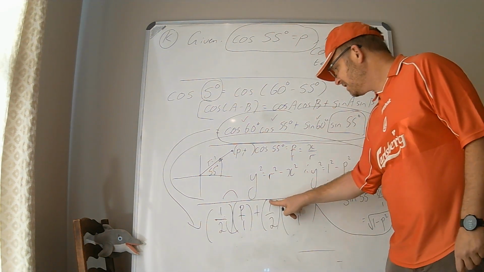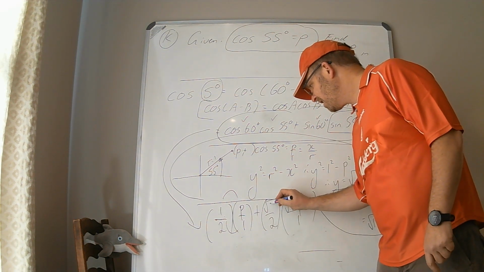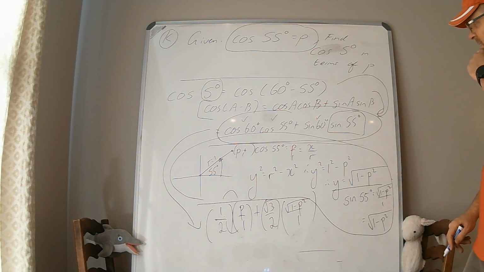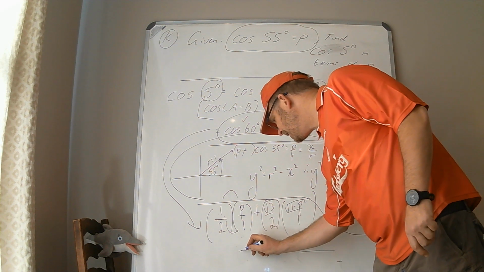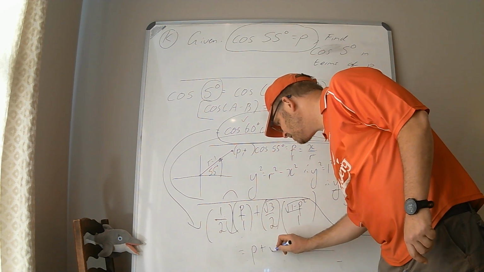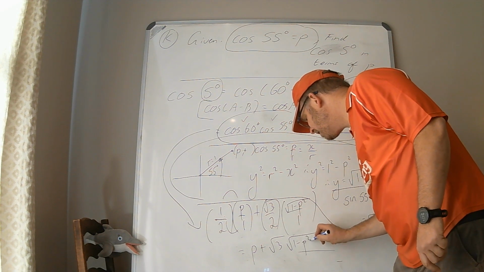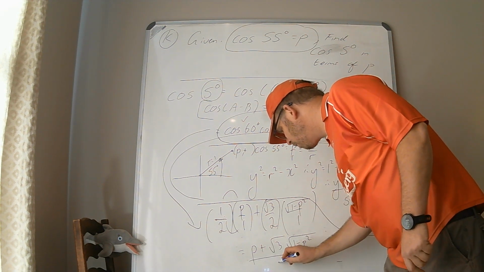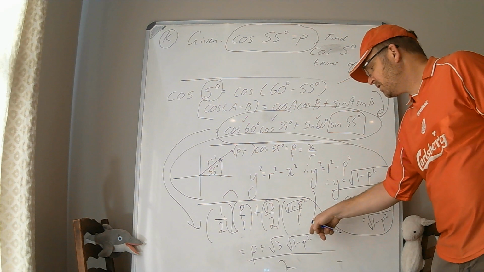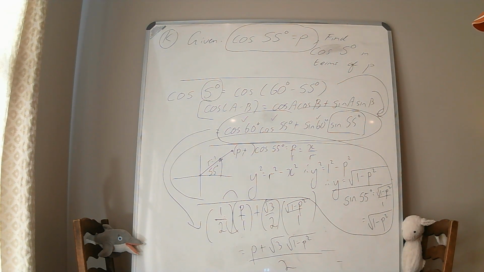And sine of 60 is root 3 over 2. Hopefully somebody picked that up, my deliberate error. So I get p plus root 3 times root 1 minus p squared, all over 2, and if you want you can move that 3 inside, so it becomes root 3 minus 3p squared. Okay, well done Valerie.